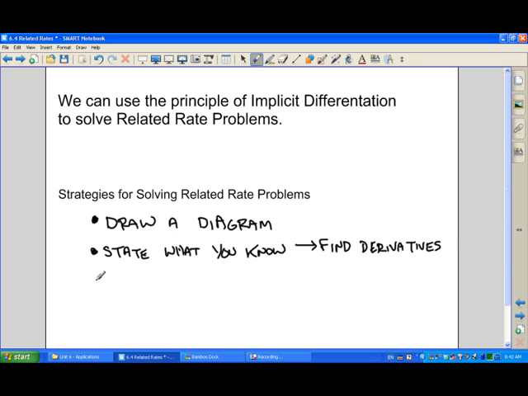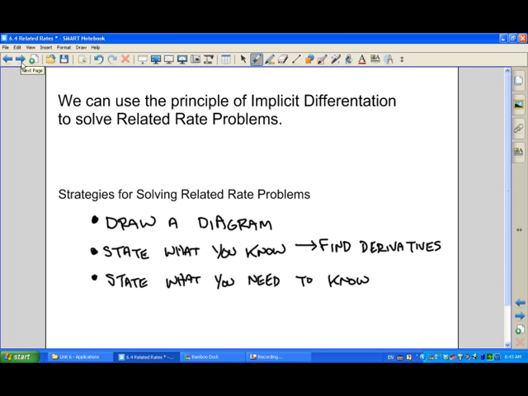After you've listed the things we know and found some derivatives, you should state what you need to know. What are you solving for? Okay, doing these 3 things will help you solve these related rate problems. So we'll come back to the zombie problem in a minute.